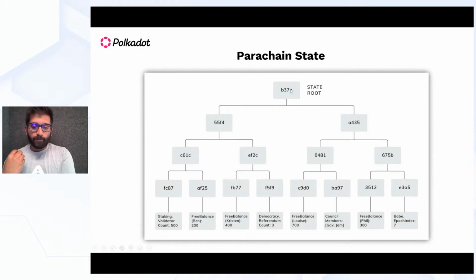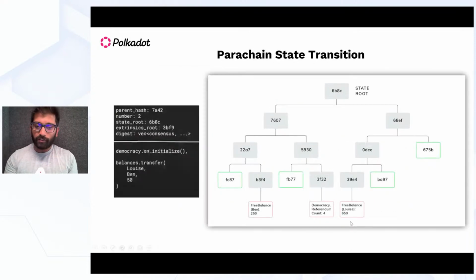Now, in a given time frame, when you're packaging a block, there could be some events in the network. So let's say someone has sent some balance to someone else, and then something happened in democracy. Okay, so you have the next referendum in the queue. So when those changes happen, they get reflected in these specific hashes.